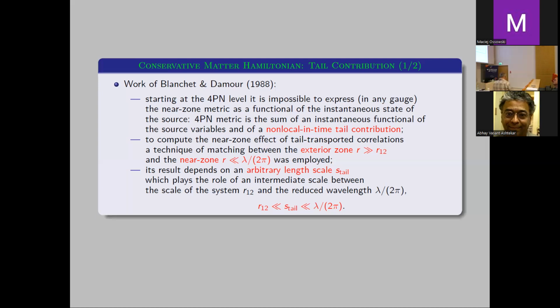And here we try to use this information, and the main result was that they computed this tail-related contribution to the metric in any gauge. To do this, they introduced some arbitrary length scale, which is, say, an intermediate length scale between the size of the system and the reduced wavelength of the gravitational wave which the system is producing.